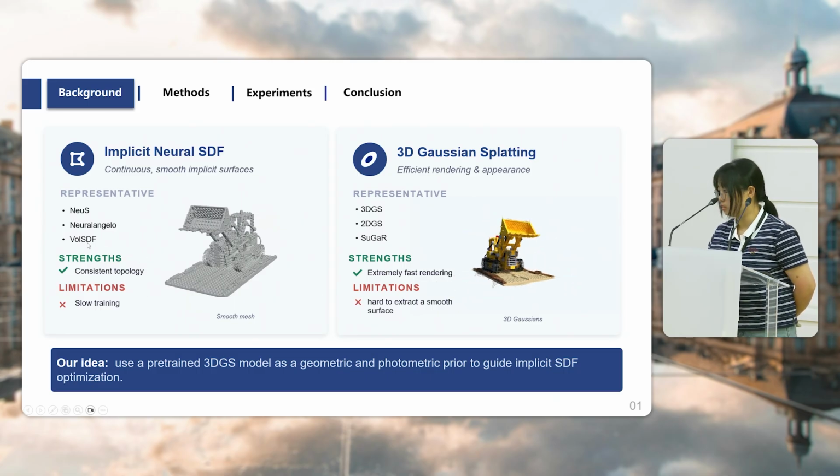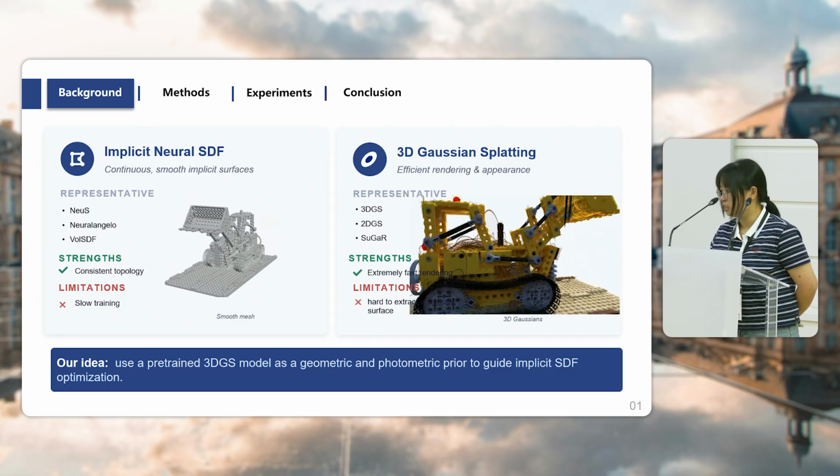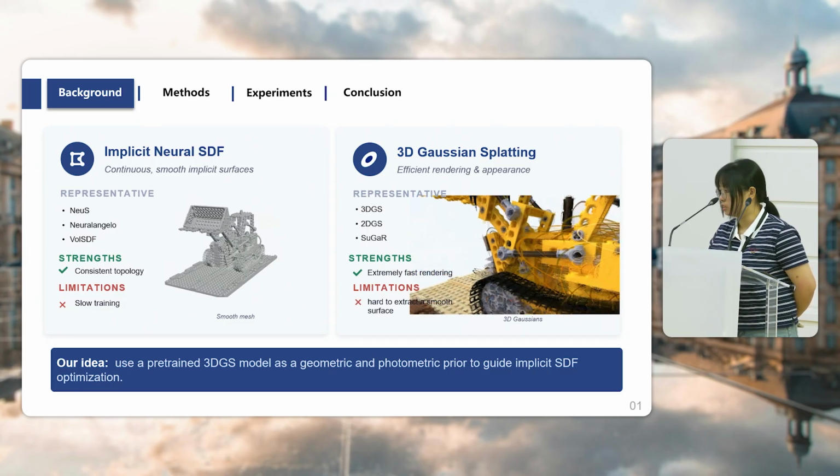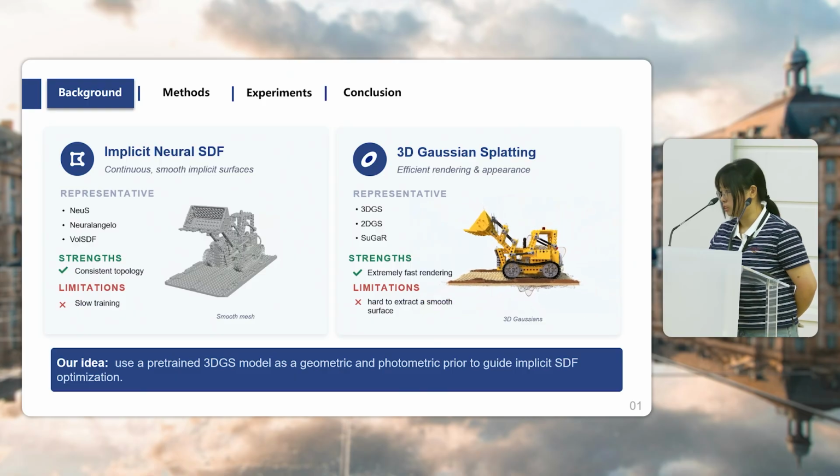The second is 3D Gaussian splatting, 3D GS. It represents the scenes with a set of anisotropic Gaussians. Rendering is extremely fast, but it's a discrete representation, which makes it hard to extract a smooth surface. So, one is strong in geometry and the other is strong in appearance.